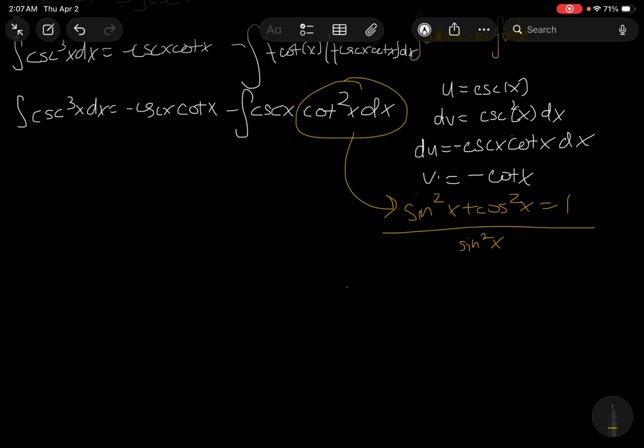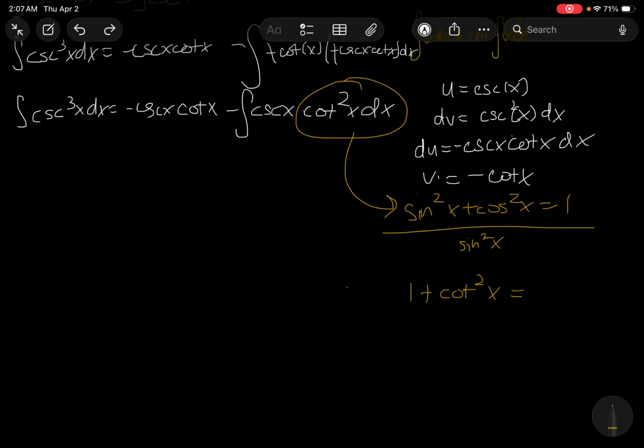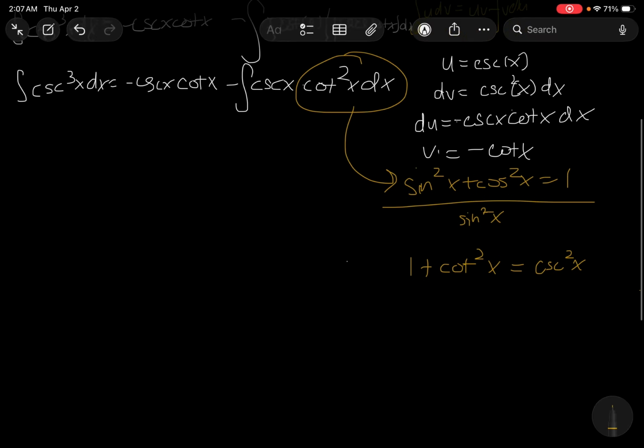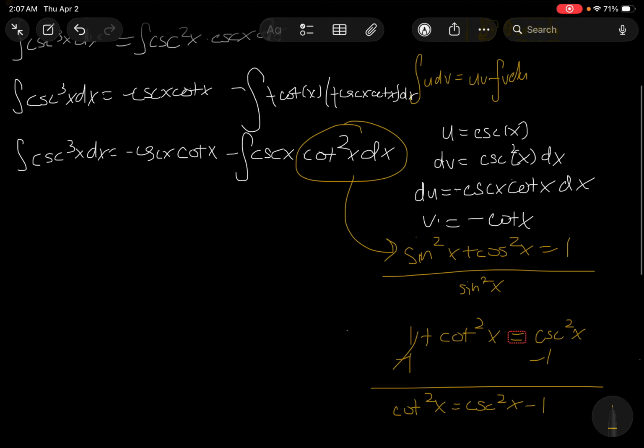Sine squared of x over sine squared of x is 1, plus cotangent squared of x equals 1 over sine squared of x, which is just going to give us cosecant squared of x. We're going to subtract 1, and then we're going to have cotangent squared of x equals cosecant squared of x minus 1.